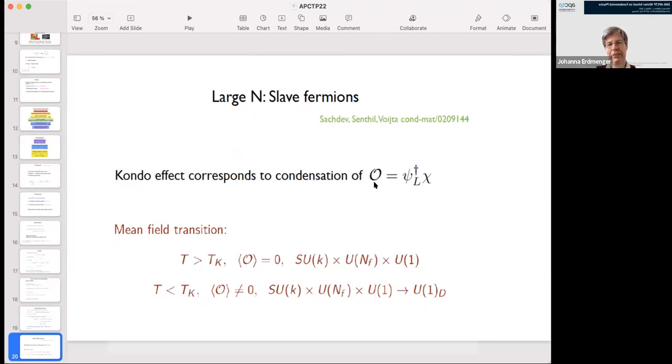The Kondo effect corresponds to this condensation, and this is exactly what we're going to have in the AdS/CFT model. We can use a so-called holographic superconductor where there's a field dual to this operator O. So we can really design all the symmetries to be in such a way as we want them to be, and then we can see this condensation.